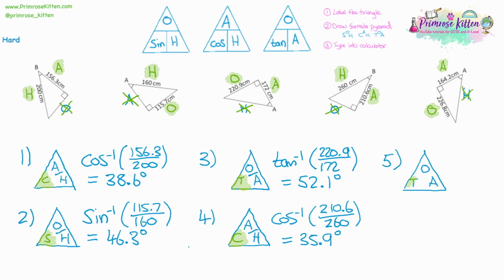We're looking for the angle, so it's going to be O over A. So that will be tan -1, opposite, 226.8, over the adjacent, 164.2, and you should get 54.1 degrees to 1 decimal place.